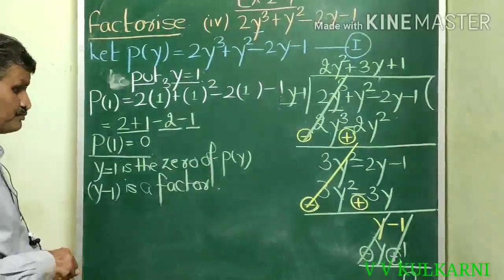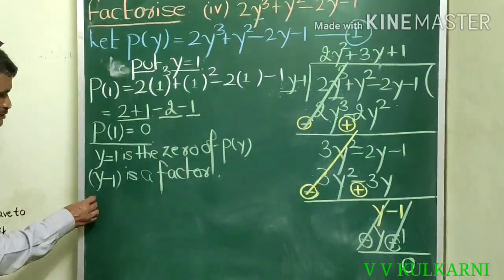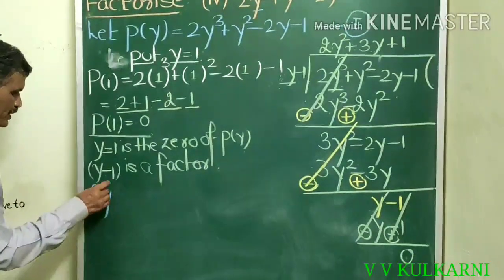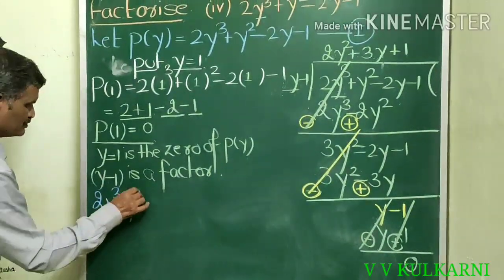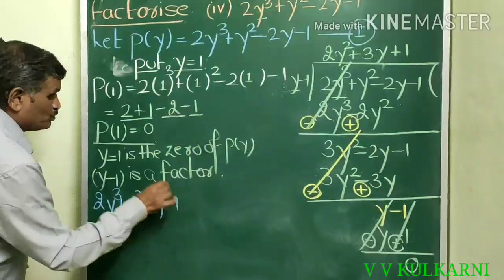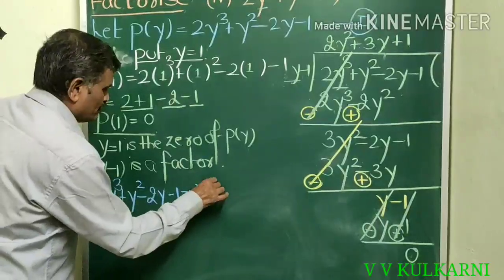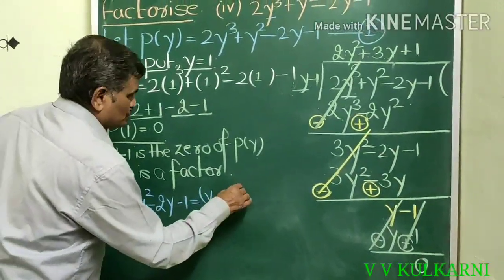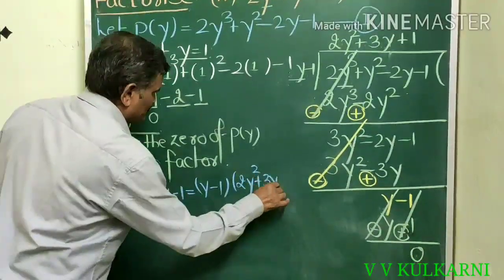So here, 2y cube plus y square minus 2y minus 1 is equal to y minus 1 into 2y square plus 3y plus 1.